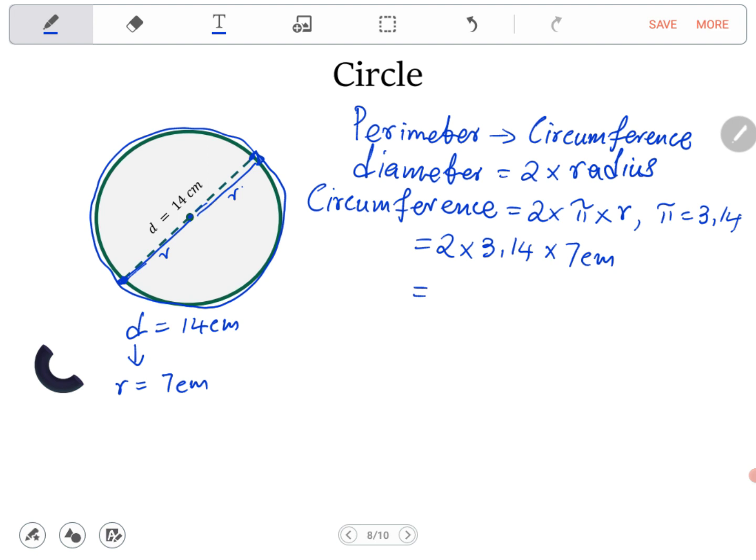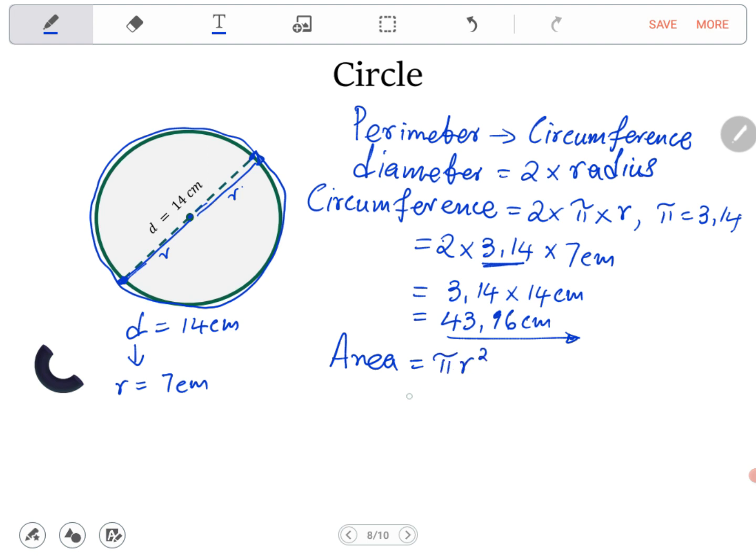So when we calculate that, this will give us 3,14 multiplied by 2 times 7, that will give us 14 centimeters, and finally we'll have 43,96 centimeters here.